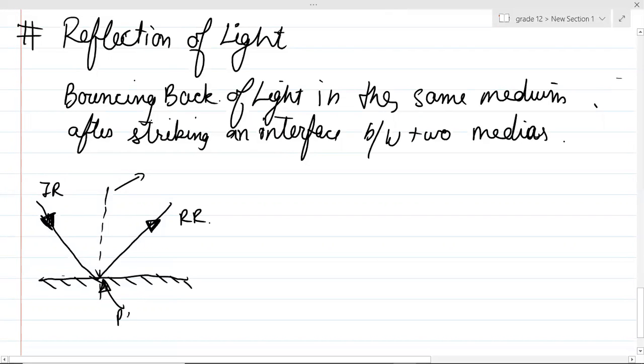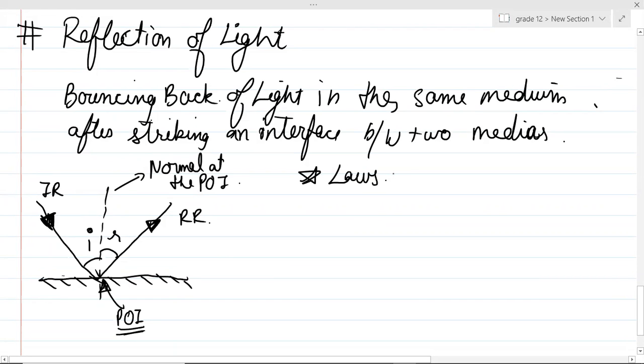This point is called the point of incidence. This normal is called the normal at the point of incidence. This angle is called the angle of incidence. This angle is called the angle of reflection. The plane in which all of them are drawn is called the plane of incidence, right?